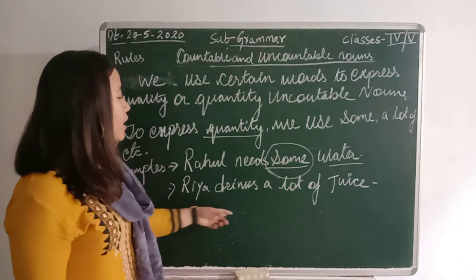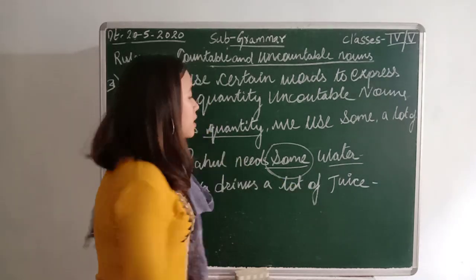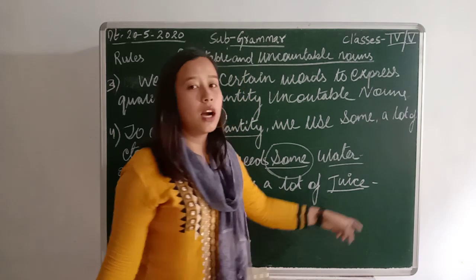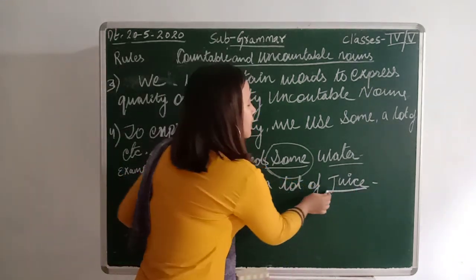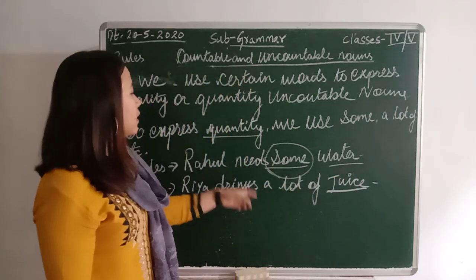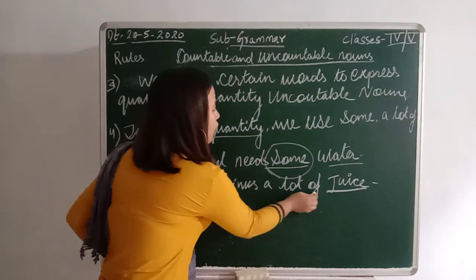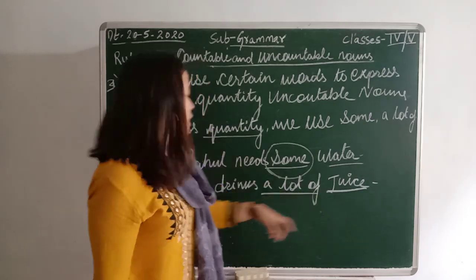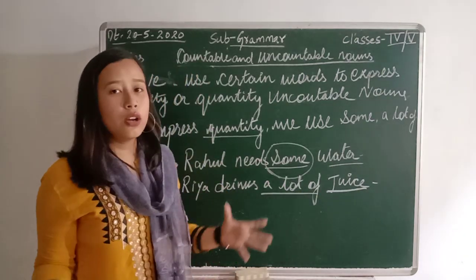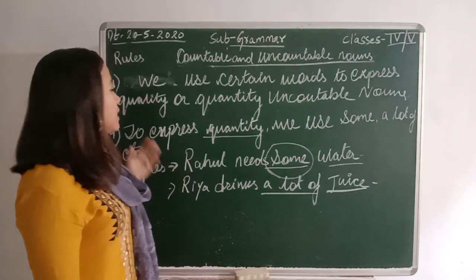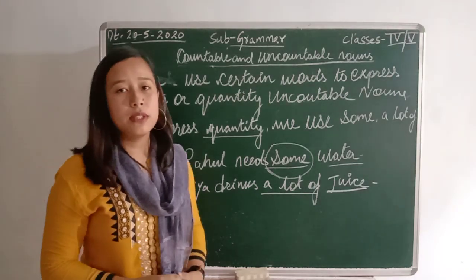So here juice is an uncountable noun. So to express its quantity, we have to write a lot of juice. So Riya drinks how much juice? A lot of juice. So these are the rules of uncountable nouns.